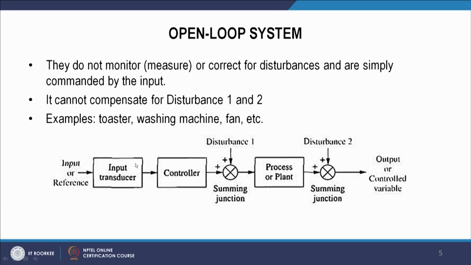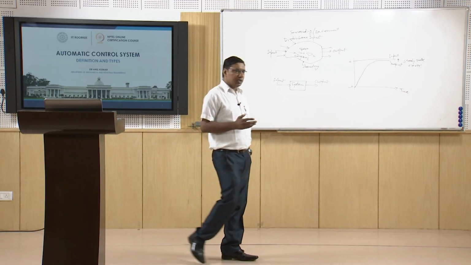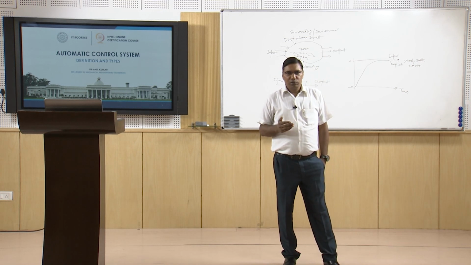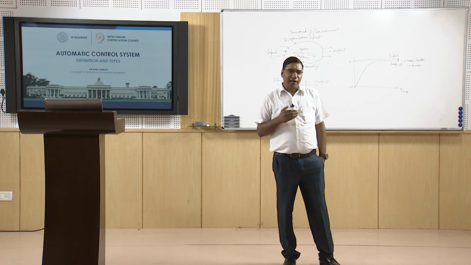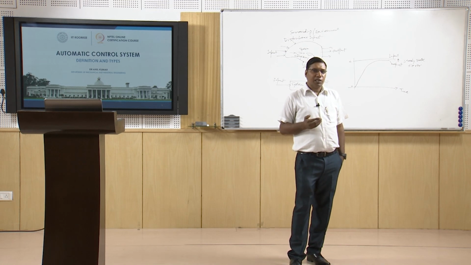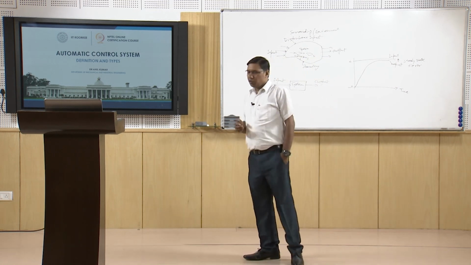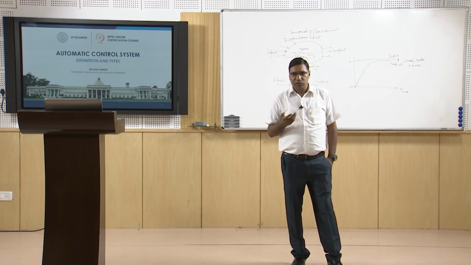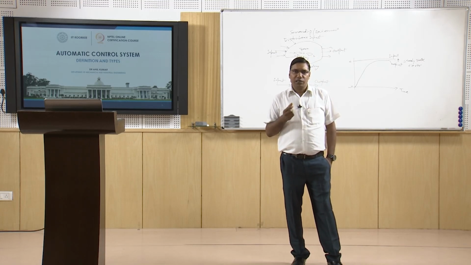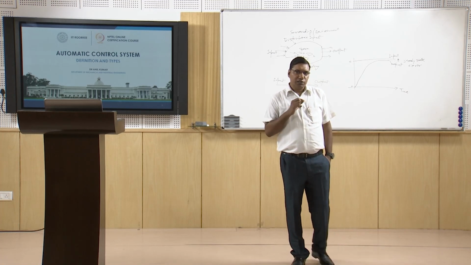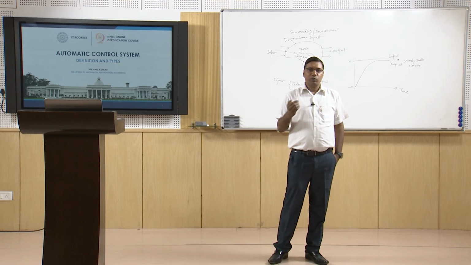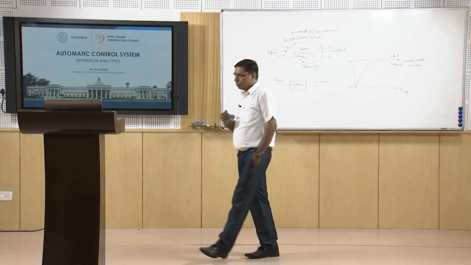The input transducer converts the input that we give to a signal, maybe an electrical signal, that is accepted by the controller. So if we press number 4 and our controller is going to read the voltage, this transducer will convert this number 4 to the corresponding voltage and that voltage will be the input to the controller.